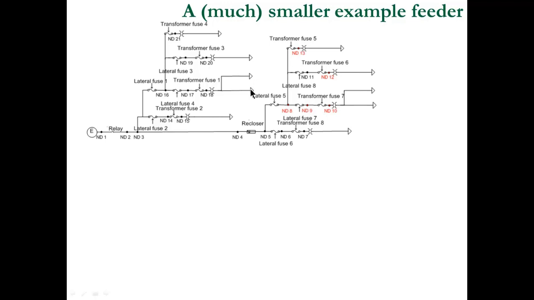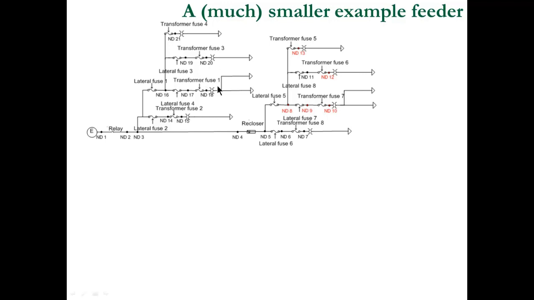Okay, since our feeder is fairly large and our model is quite complex, it may be difficult to fully comprehend all the methods and algorithms that we'll be seeing for protection coordination in the next few videos. So I will be describing many of the concepts and the algorithms on this much smaller example feeder, and then show the codes corresponding to the actual larger Sandvik feeder, and show the results corresponding to that.